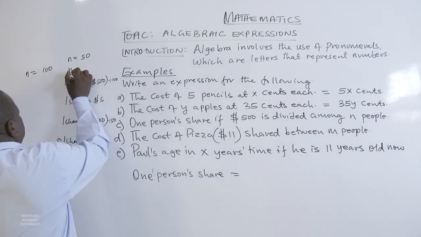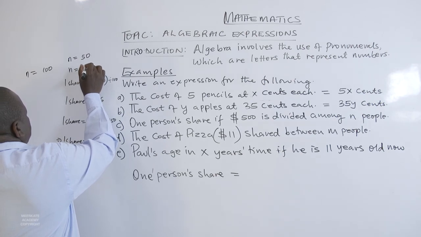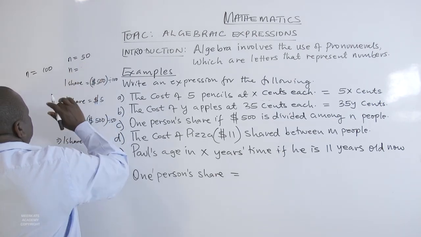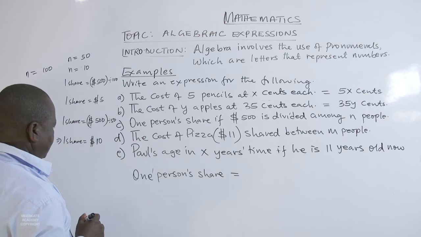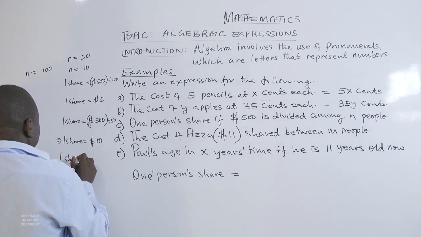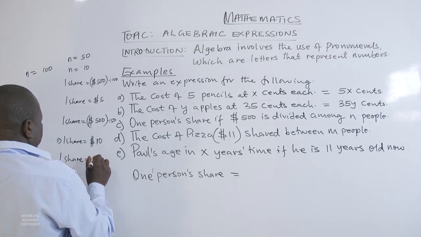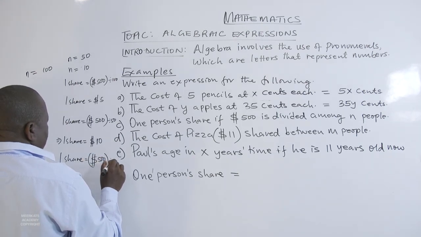Assume that n is equal to 200, not 200, but let's say 10. N is 10. So one share will be equal to $500 divided by 10.